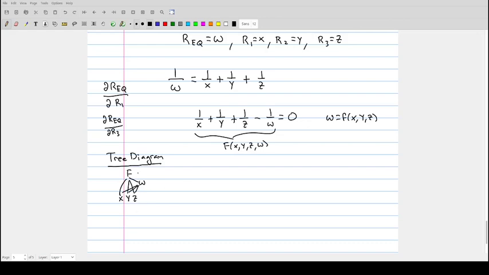So if you want to derive what, say, dW/dX is, remember dW/dX is the same thing as the partial derivative of Req with respect to R1.